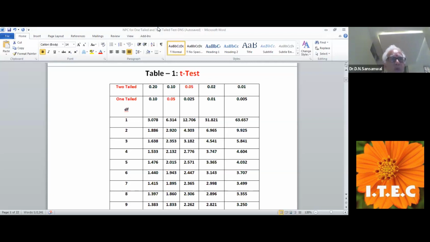So therefore, your type 1 error is more dangerous than the type 2 error. Because in type 1 error, your value is not significant and you are saying it is significant. And in type 2, your value is significant and you are saying it is not significant.